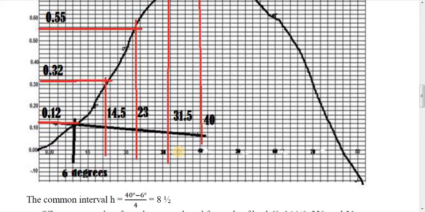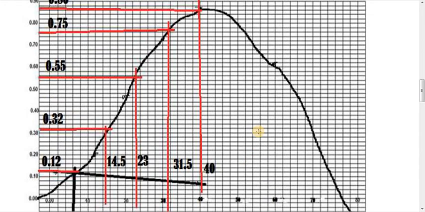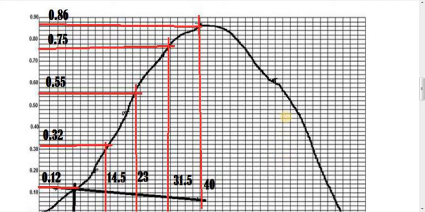Then the 14.5 degrees angle is now 0.32 intersecting the curve, the 23 degrees angle is 0.55 GZ from the curve, the 31.5 is 0.75 GZ, and the 40 degrees is already based from the last calculation, given the KN value, 0.86.